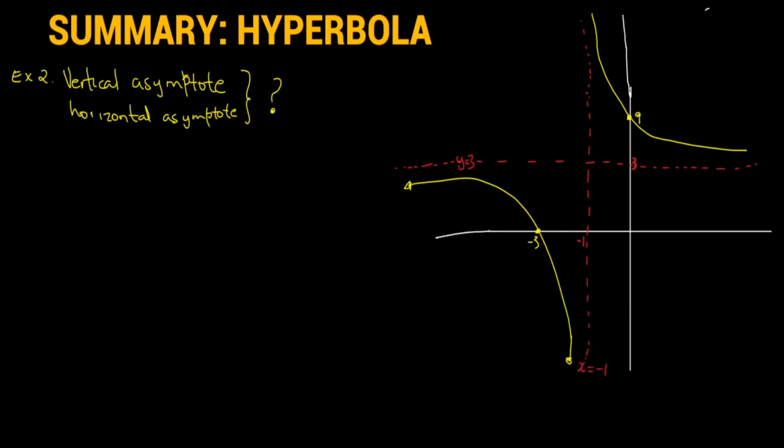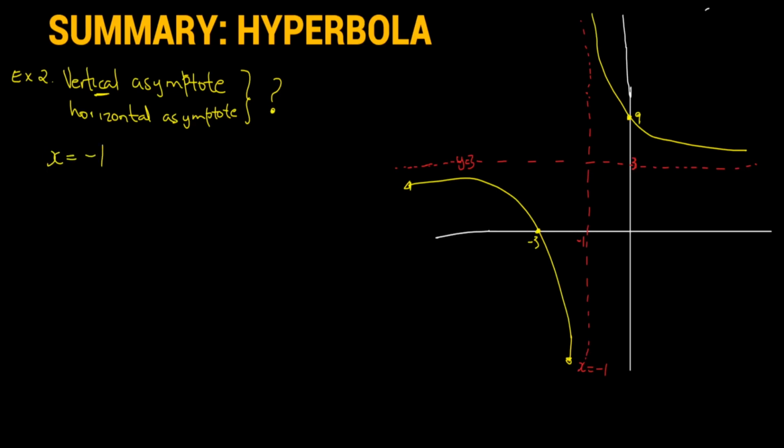Example number 2, you're given this graph, and the question is, what is your vertical asymptote and what is your horizontal asymptote? And do not be confused. The vertical asymptote is the one that cuts the x-axis. Therefore, they want the equation of x. So you can tell, okay, x is equal to minus 1.